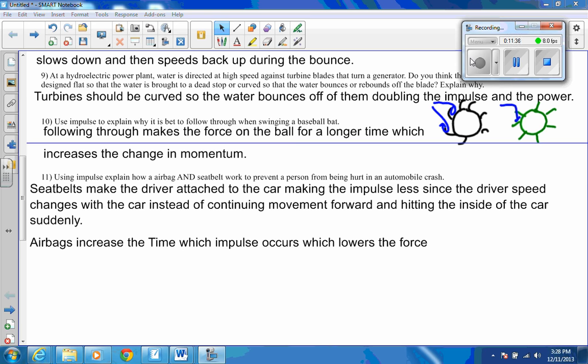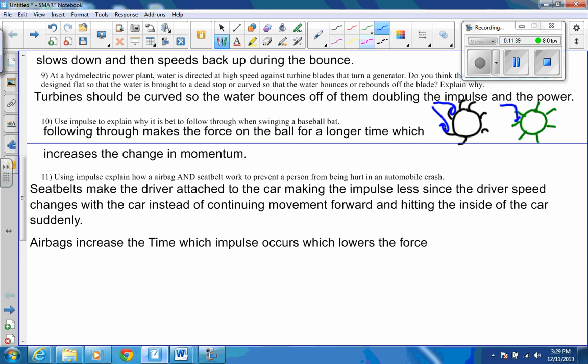Airbags, on the other hand, increase the time over which the impulse, or the change in momentum, occurs. Now, you wouldn't think you'd want to increase the time that a crash occurs, but here's why that works. If you take your impulse, which is your change in momentum, I'm going to have this one without the airbag, and over here I'm going to have one with the bag.